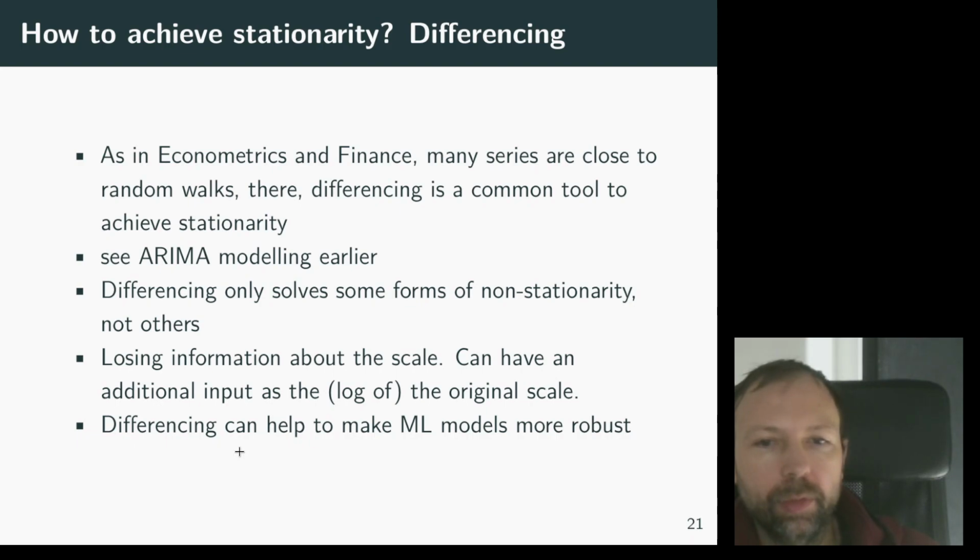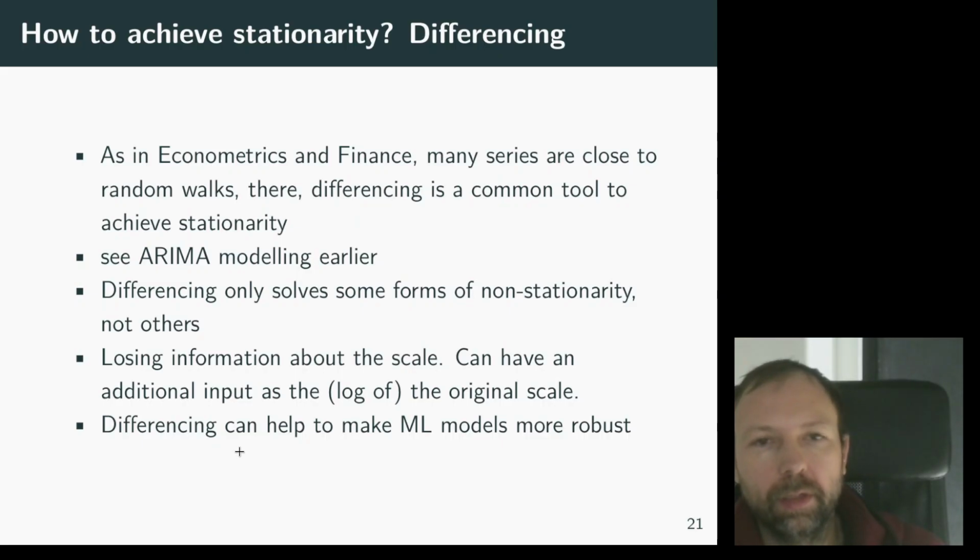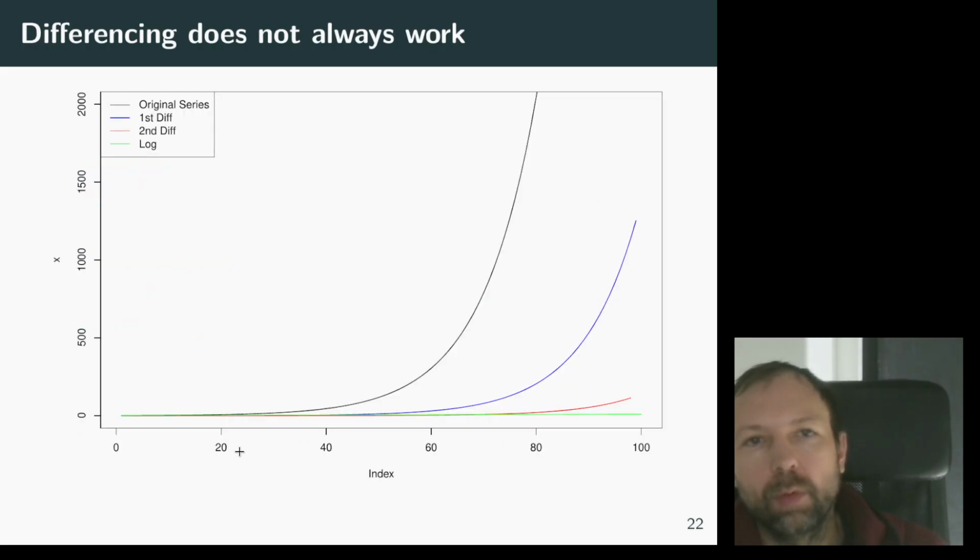Differencing can also help make machine learning models more robust. So that's a good thing. When does differencing not work? Well, we know from our first year calculus class that if you difference an exponential function, it is still an exponential function.